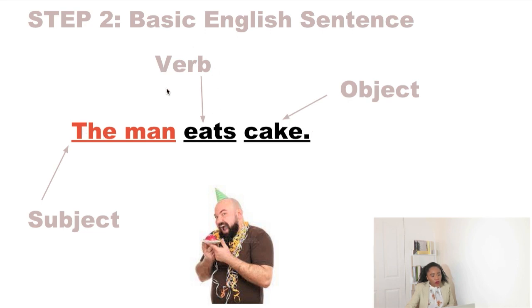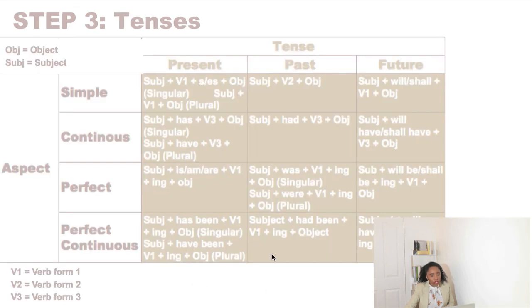In terms of the sentence composition, we have the subject here, which is the man, the verb, which is the doing word, and it's eats in this instance, and we have an object, which is the cake. So today I want to expand on that, particularly as it pertains to English tenses.